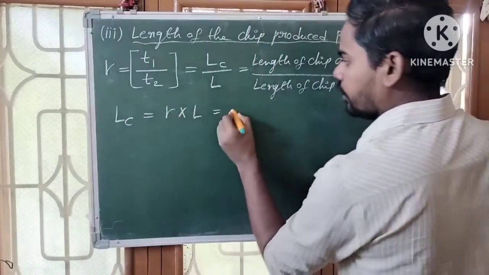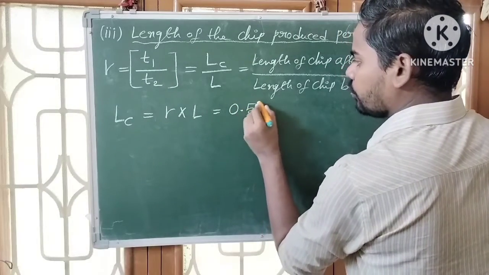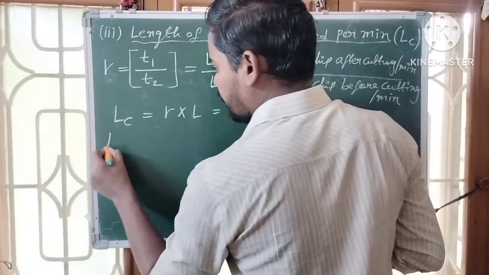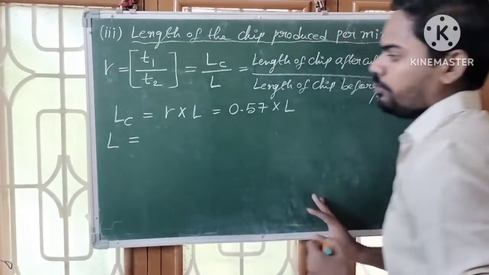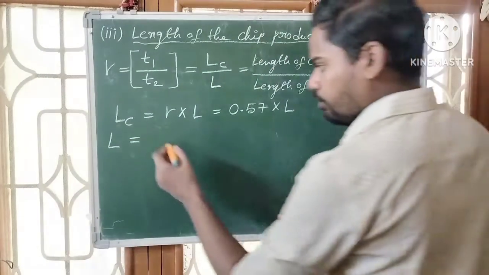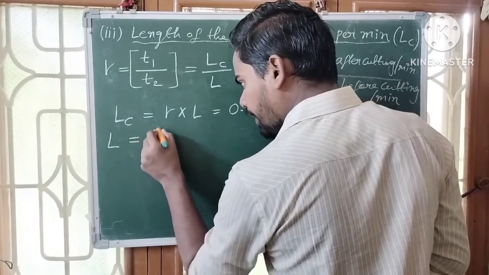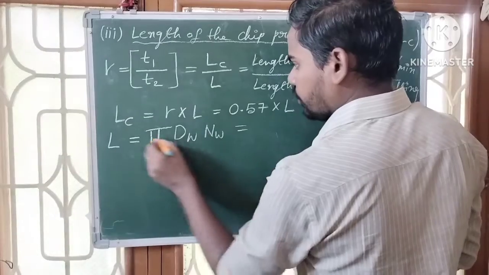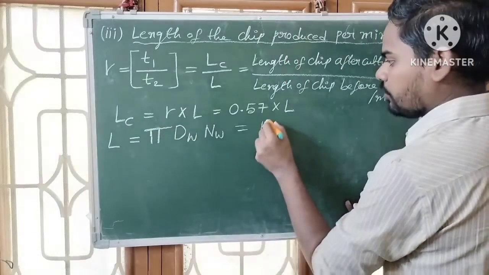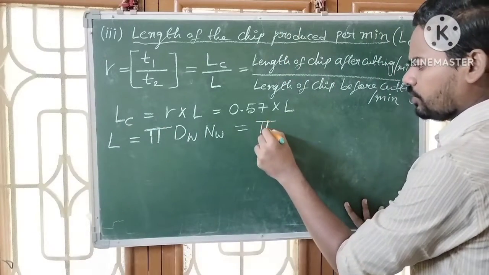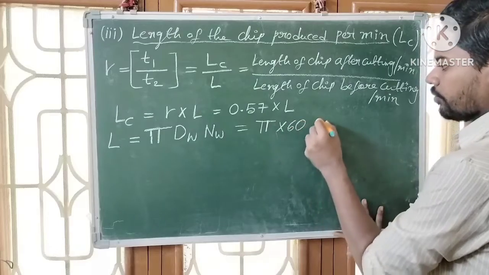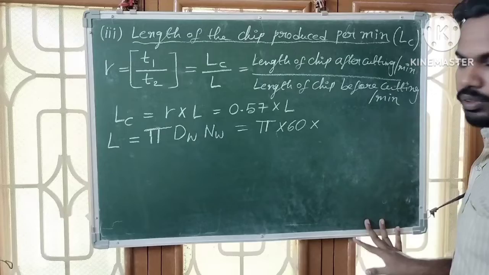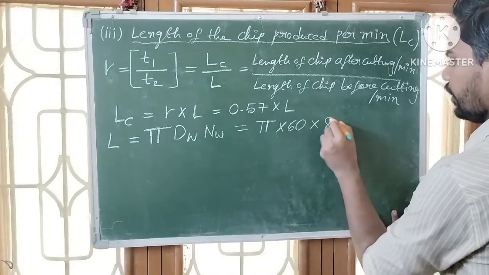What is the value of R, the chip thickness ratio? We have got 0.57 into L. We need L, the length of the chip before cutting. The formula for L is pi dW NW. dW means the diameter of the workpiece, the mild steel bar, 60 mm, into NW, the rotational speed, 80 rpm.